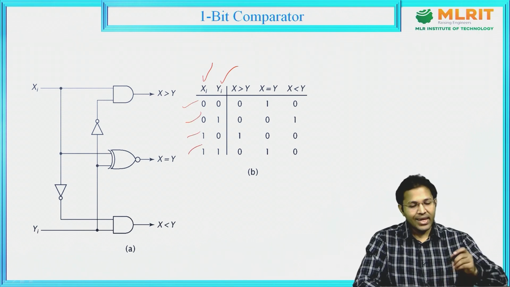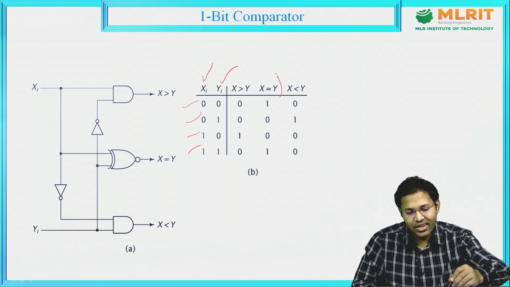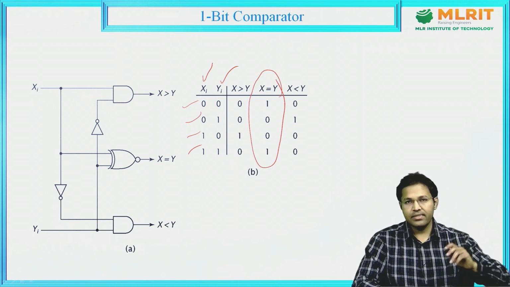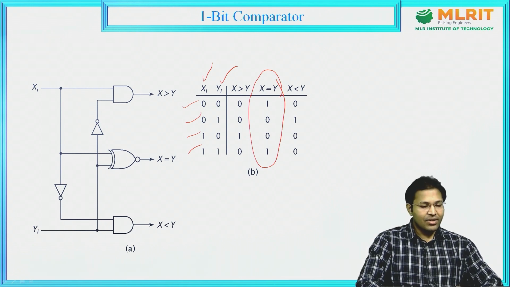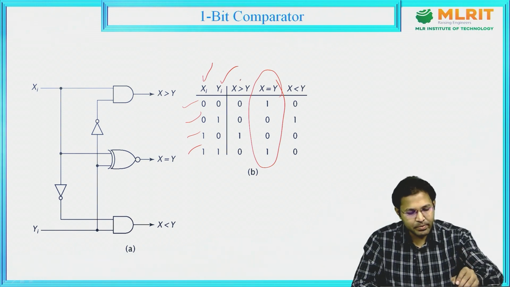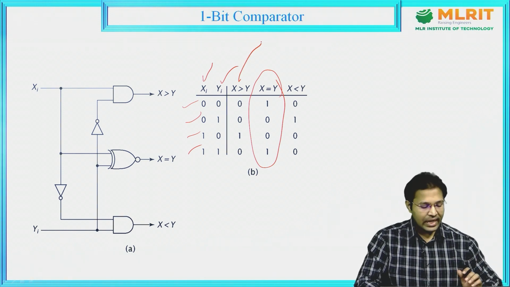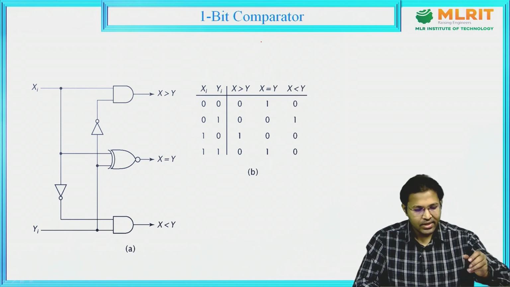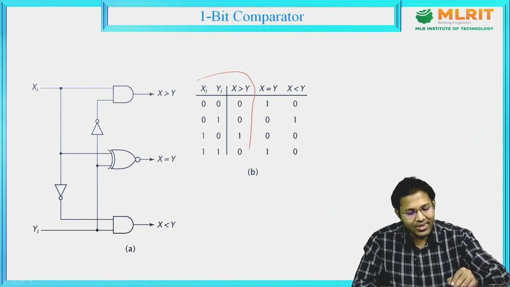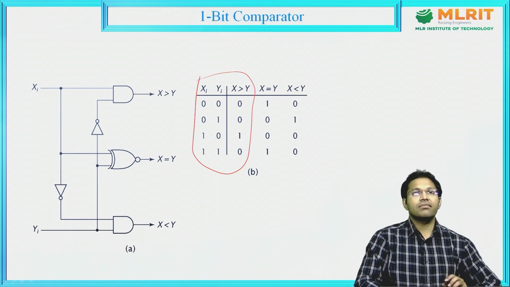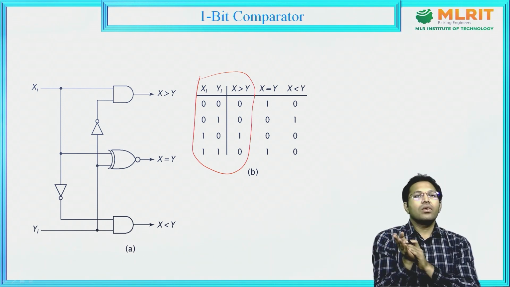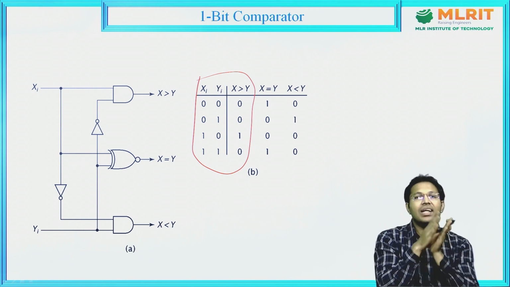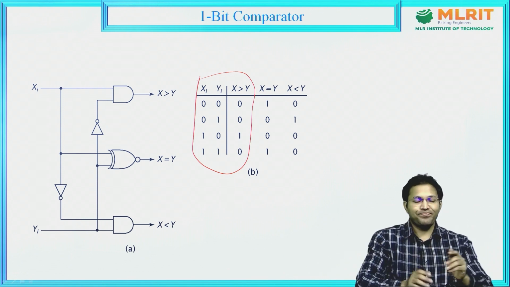In the previous slide, we have already seen the case where A equals B, here X equals Y. Now, let us discuss the case of X greater than Y. Again, this truth table we can easily construct. Wherever X is greater than Y, the output is 1. Otherwise, the output is 0.